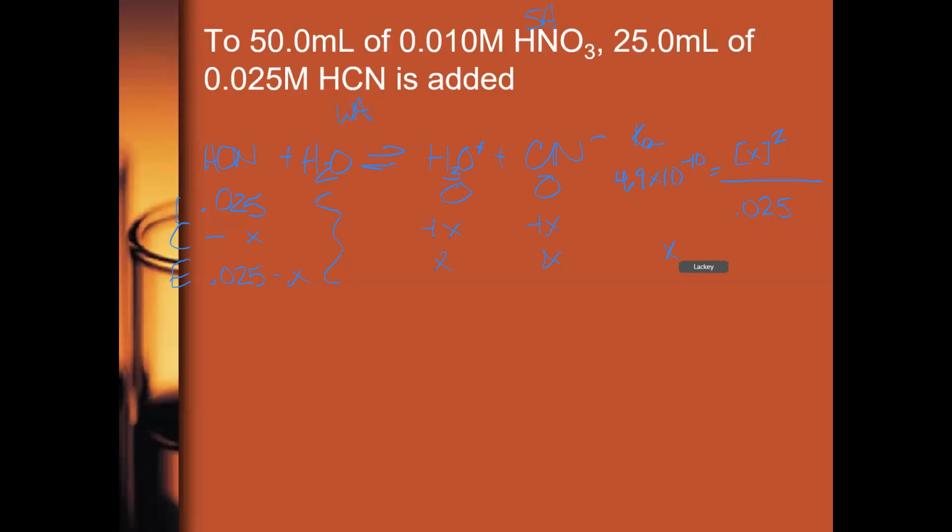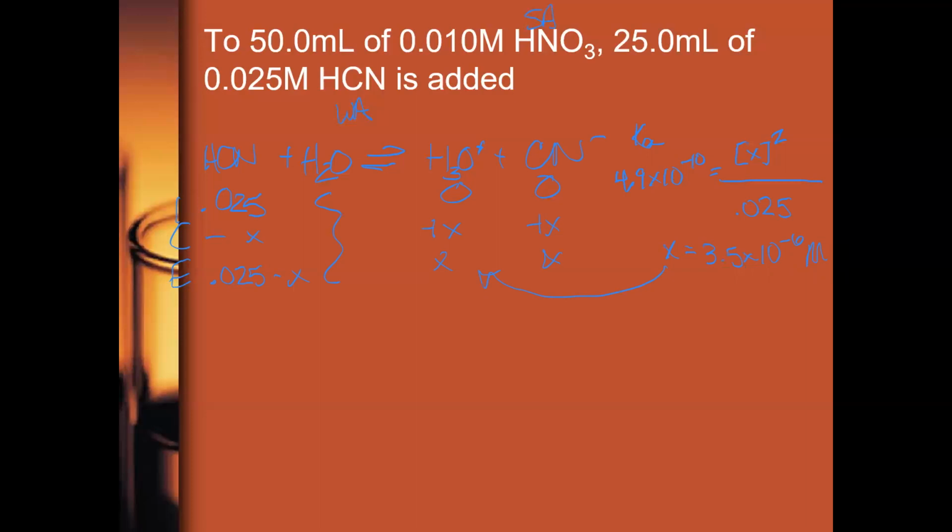So we can figure out that that X is going to be equal to 3.5 times 10 to the negative 6. That is going to be our molarity for our hydrocyanic acid, our HCN.